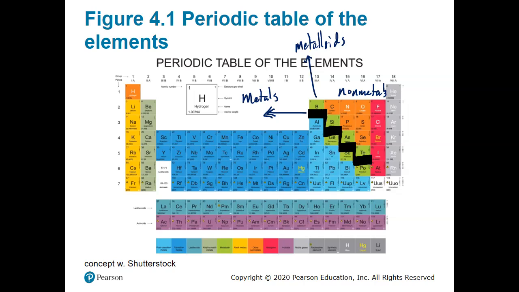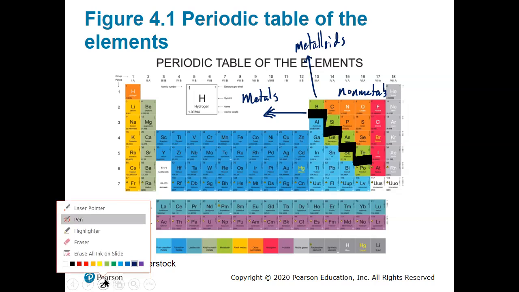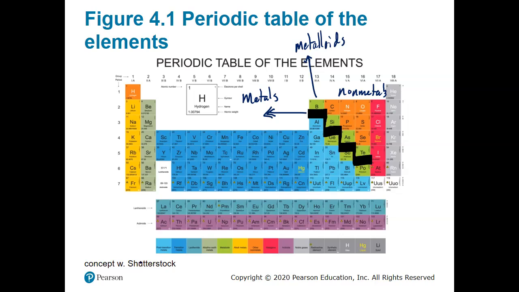Now your book and other references will often refer to something called the CAS numbering system. CAS numbering system uses a series of A's and B's to identify groups as well. And so what we're really concerned with are the A numbers.